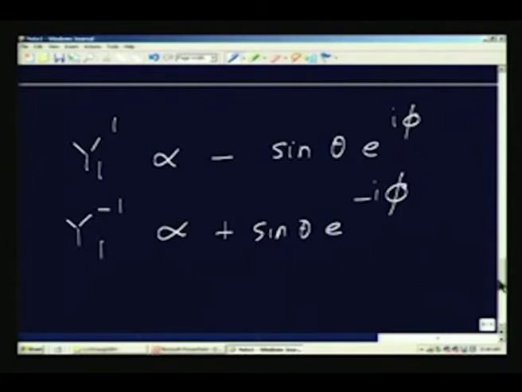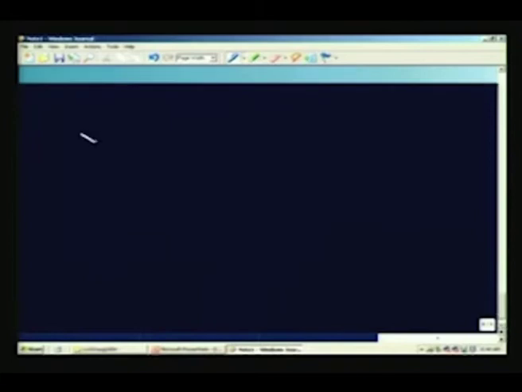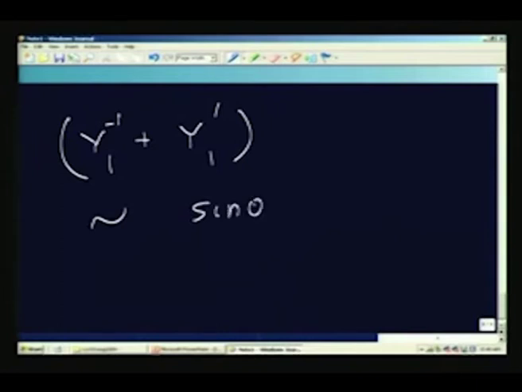Let us do this, namely Y1,minus 1 plus Y11. If you do that, this gives you, leave the constant aside, there is a 1 by root 2 or whatever, leave that aside. What you have is sin theta, e to the minus i phi minus e to the plus i phi.